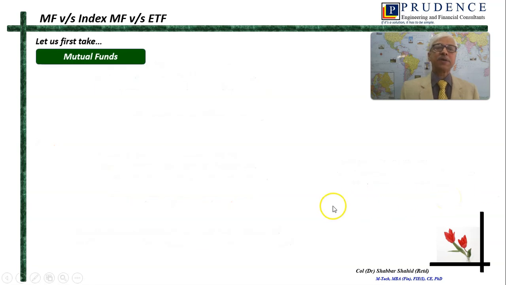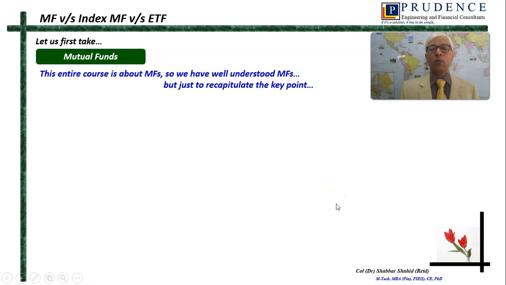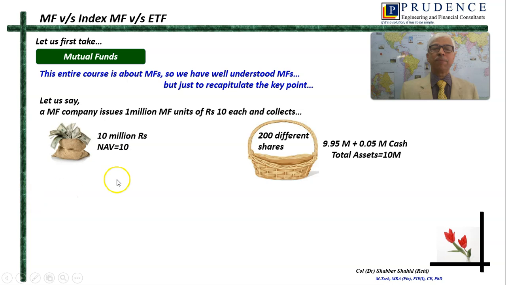Let us first take the mutual funds. Incidentally, this entire course is about the mutual fund, so we very well know by now what a mutual fund is and how it operates. But just to recapitulate the key point in context of this lesson, let us say that a mutual fund company issues 1 million mutual fund units, each unit of 10 rupees, or $10 or whatever. Don't worry about the currency.